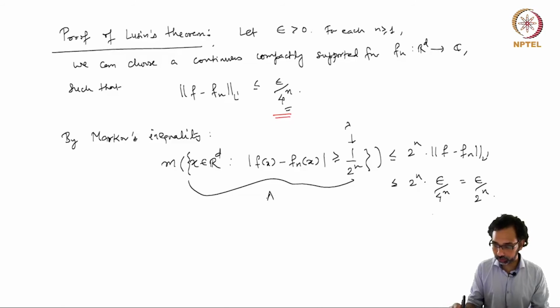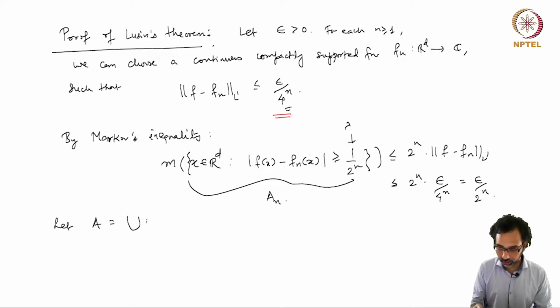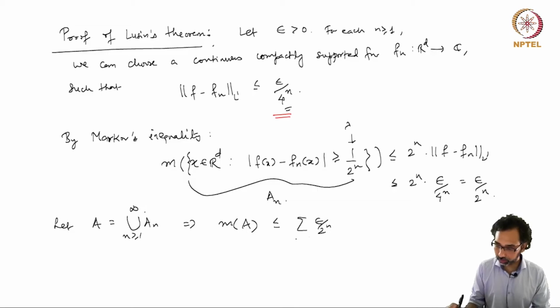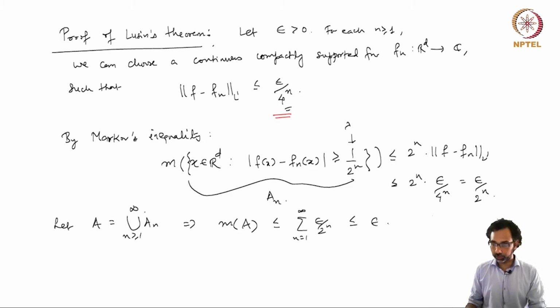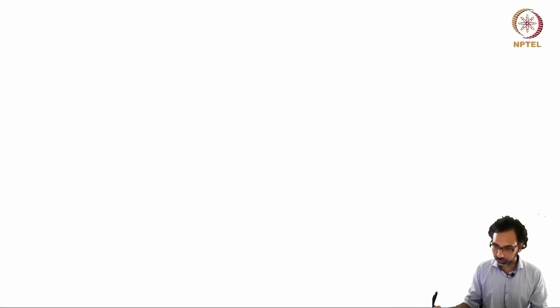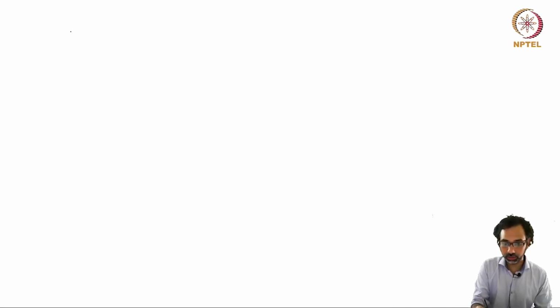Now let me denote this set by An, and let A be the union of An, n greater than or equal to 1. This means that the measure of A is less than or equal to the sum of epsilon by 2 to the power n, n equal to 1 to infinity, and this is less than or equal to epsilon. So the measure of A is less than or equal to epsilon, and let's see what happens outside of A.